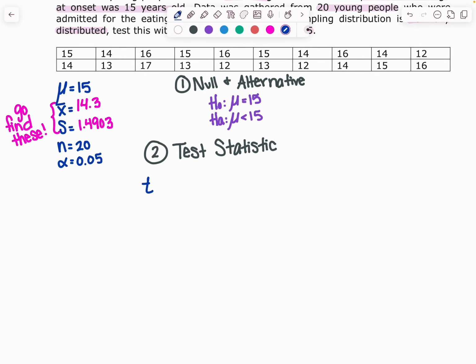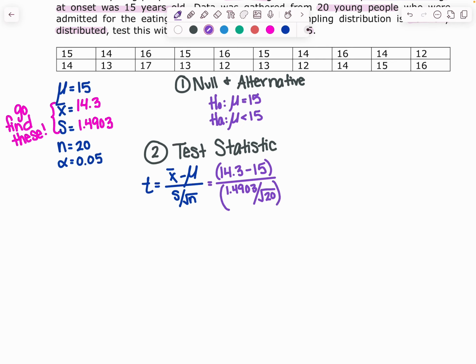Our formula is t equals x bar minus mu divided by s over the square root of n. x bar we calculated to be 14.3, minus 15, divided by 1.4903 divided by the square root of 20.